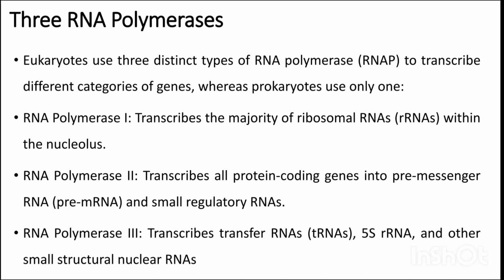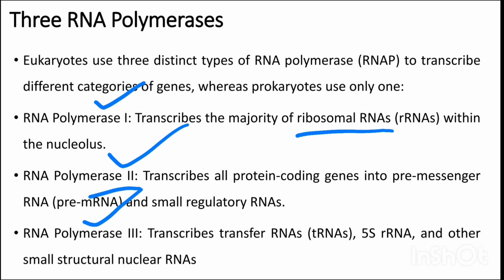So there are three RNA polymerases which help in the process of transcription: RNA polymerase 1, RNA polymerase 2, RNA polymerase 3. RNA polymerase 1 helps in the transcription of the majority of ribosomal RNAs within the nucleolus.